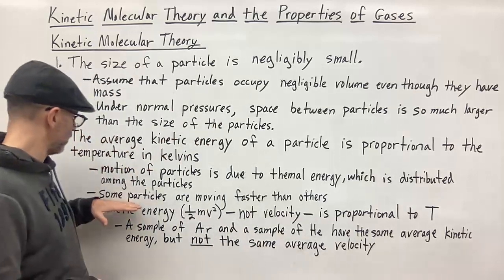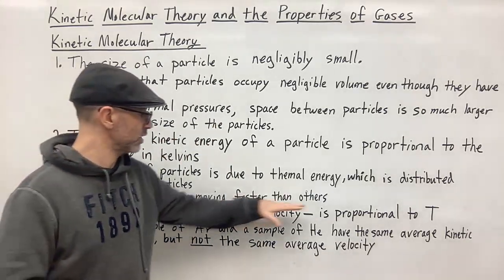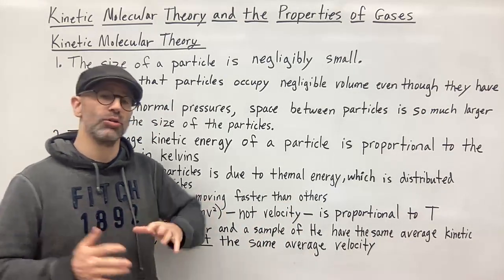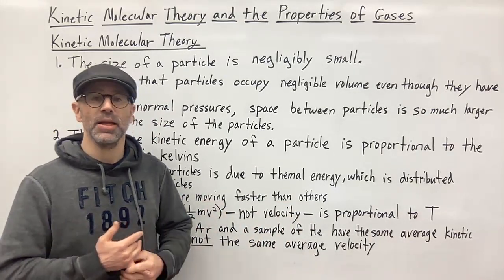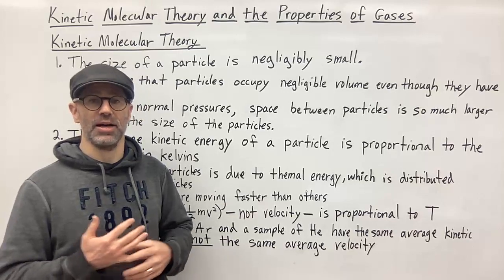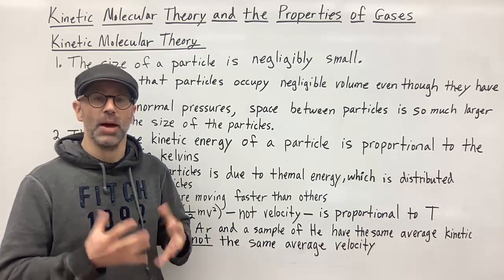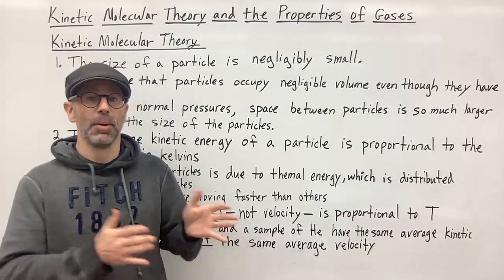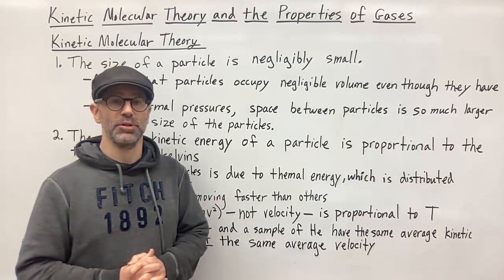So that's what I have here. Some particles are moving faster than others, so each individual particle is going to have a different velocity, and therefore a different kinetic energy. But we're taking the average of all those, and that's going to be proportional to the temperature.